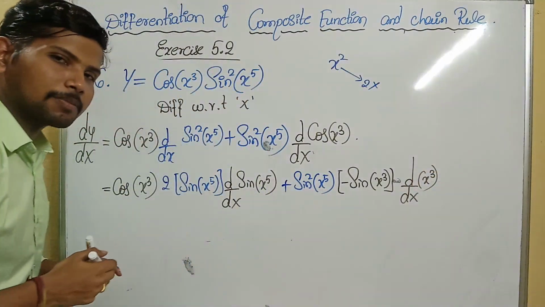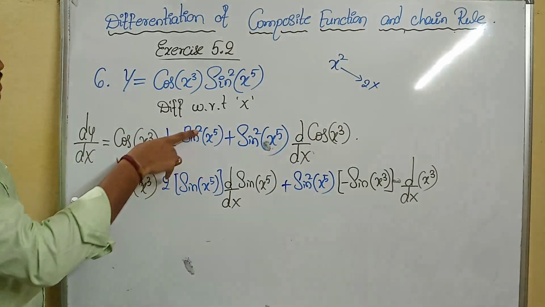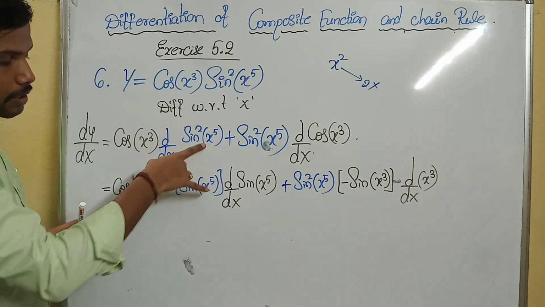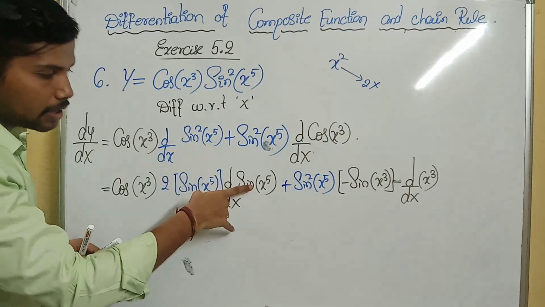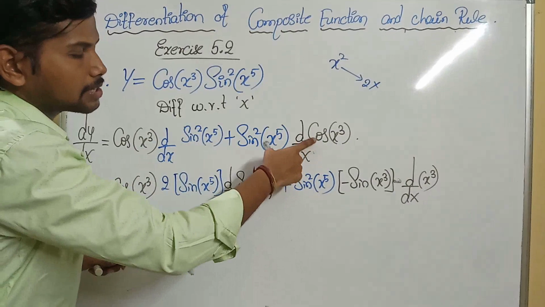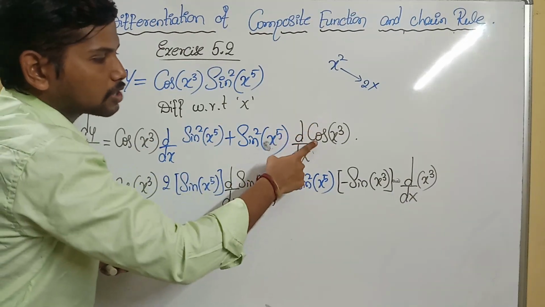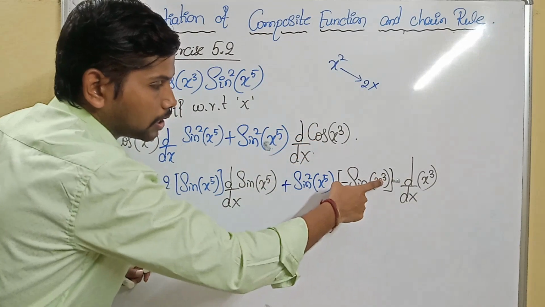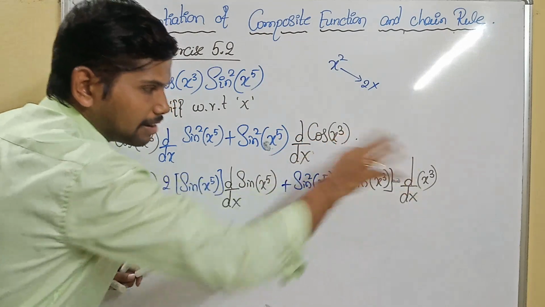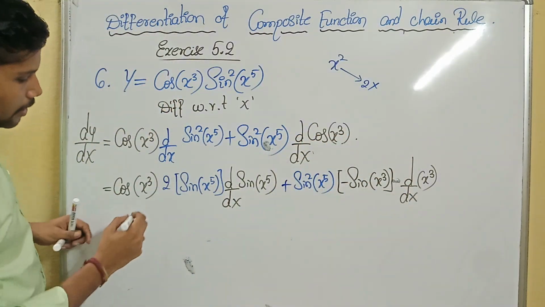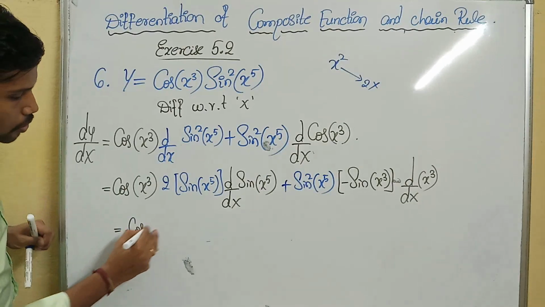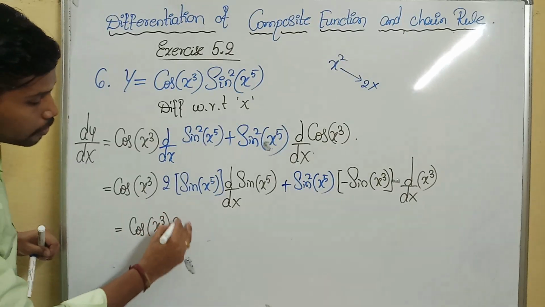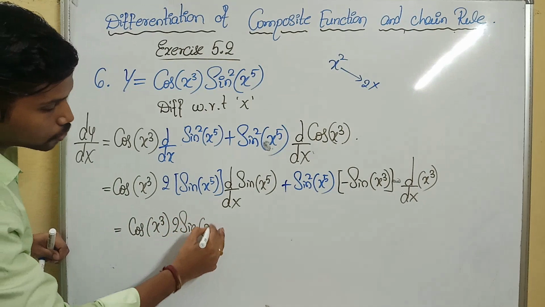Whether you understood properly? Here in this part the sine square derivative is 2 sine of the value. After that the base derivative. Here the term as it is. Here the main power is 1. That's why cos derivative will be minus sine of x raised to 3. What is x cube? The angle derivative at the right. Now after this, cos of x to the power 3, 2 sine of x to the power 5.